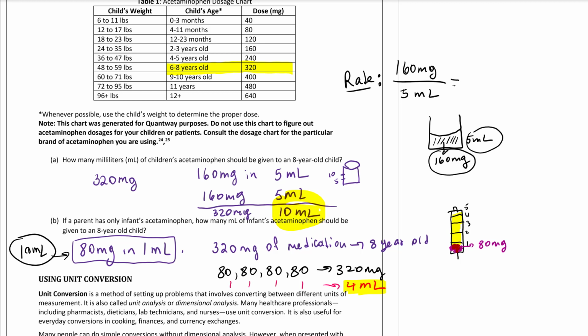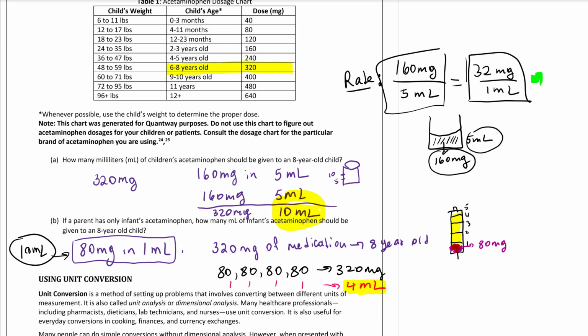And that rate can be reduced. So if you divide 160 by 5, you're going to get 32 mg in 1 ml. These are what we call equivalent rates. They both represent the same thing. Okay, but now, by converting them into something that's called a unit rate, this is called a unit rate.